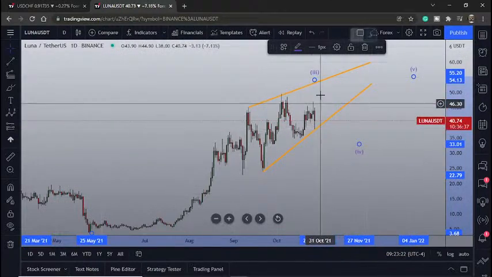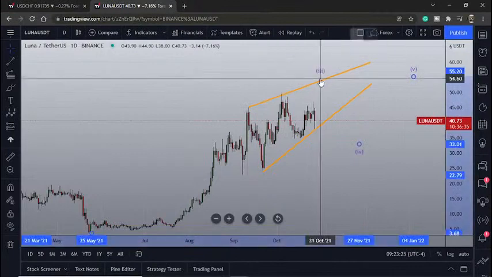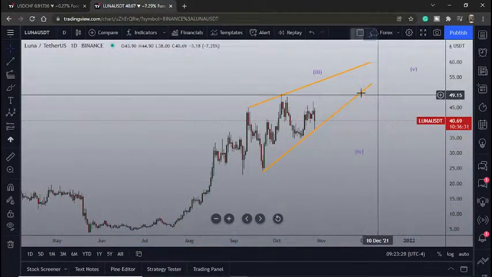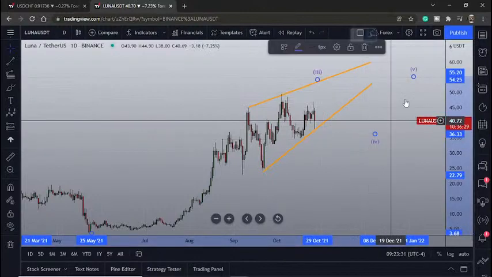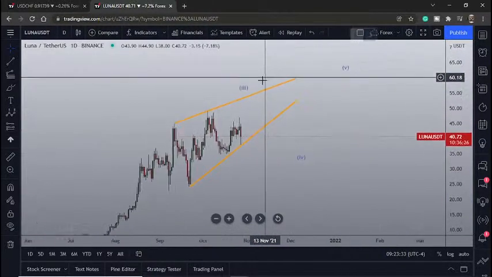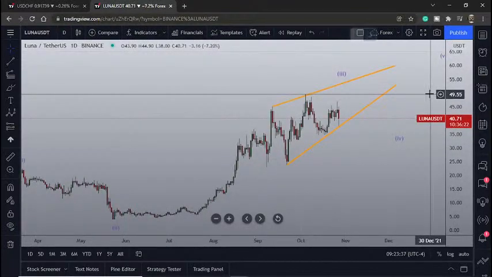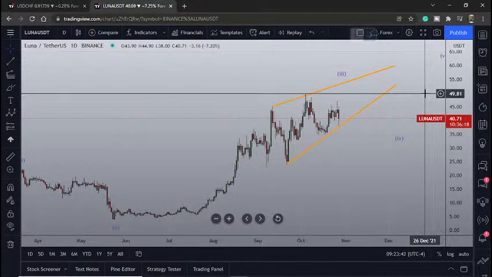Or if price then continues higher within a similar looking pattern like this, that could be showing an ending diagonal, followed then by a potential 4th wave drop, 5th wave drop, which could be much higher up. But yeah, I think that's probably what you're looking at with Luna at the moment.